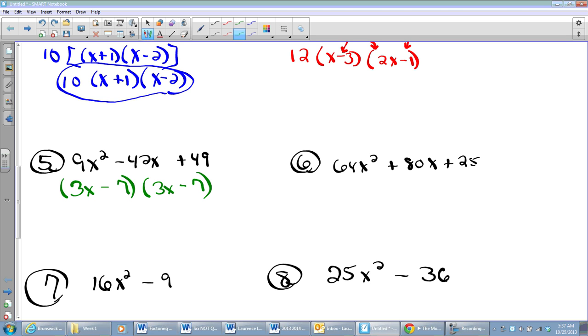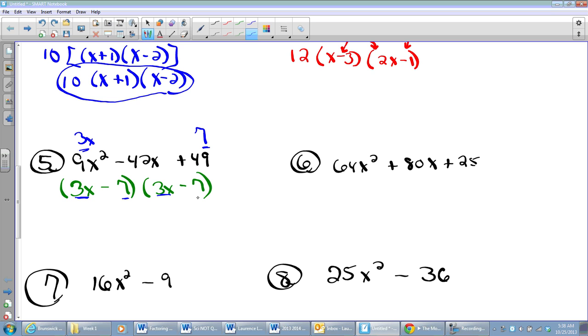Well, what do you know about 49? Hopefully you're thinking it's a perfect square. What's the square root? It's 7. We're only dealing with the positive square root here. What's the square root of 9x squared? Well, it's 3x, right? Did you see that? The square roots show up in the problem.